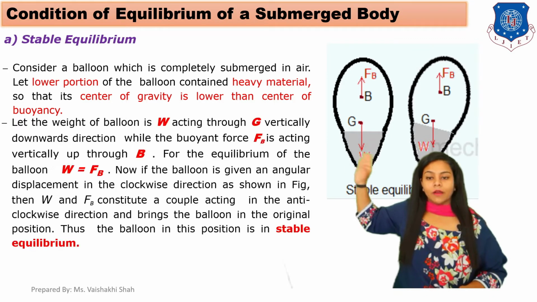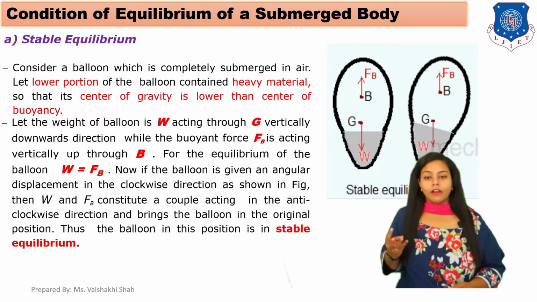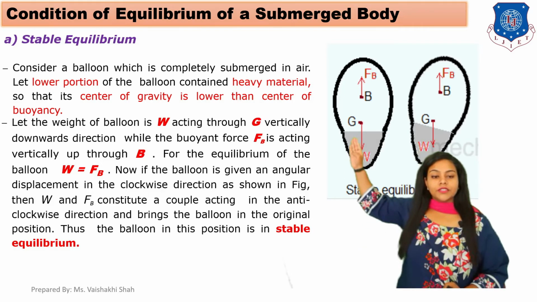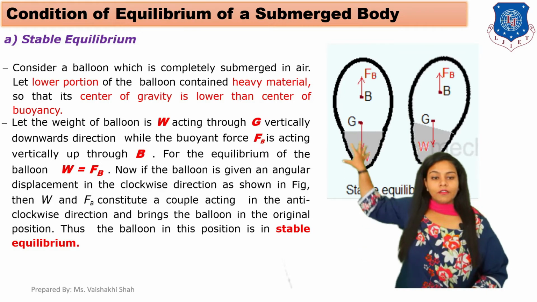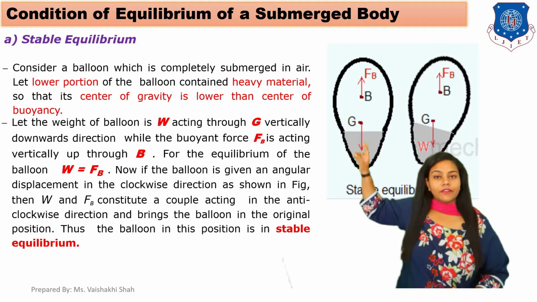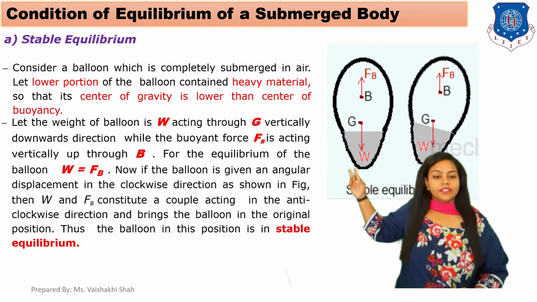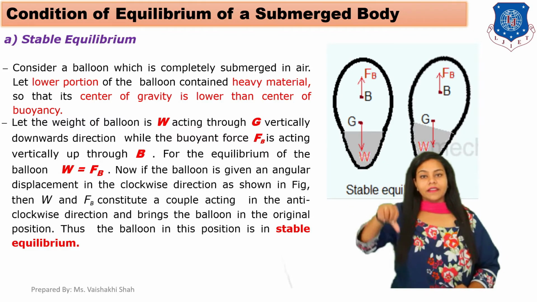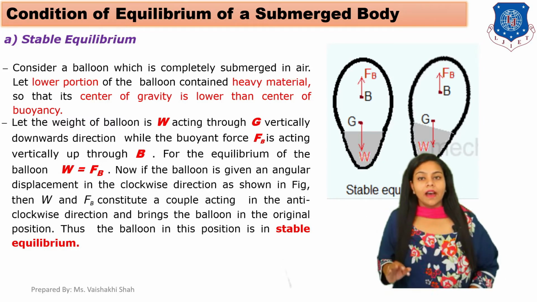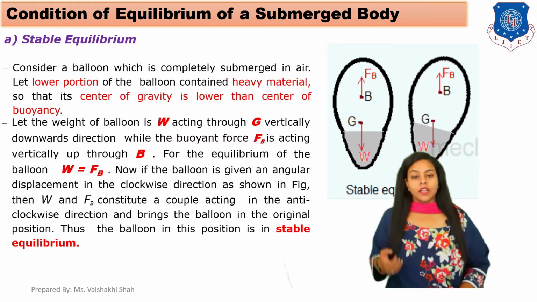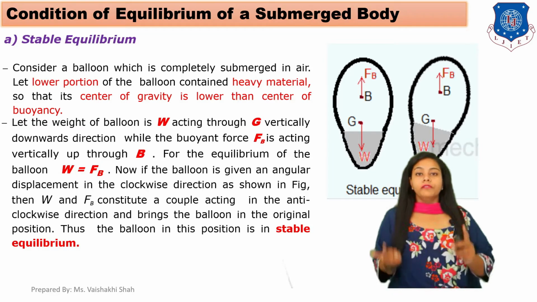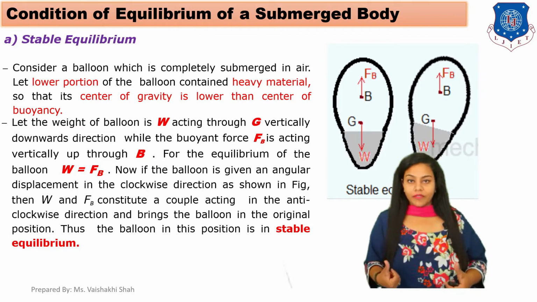Now the weight of the balloon is W, which is acting from G, that is center of gravity. W is the weight of the balloon acting in downward direction. Buoyant force we indicate by FB, and buoyant force always acts in upward direction.